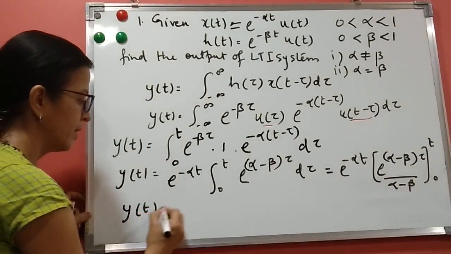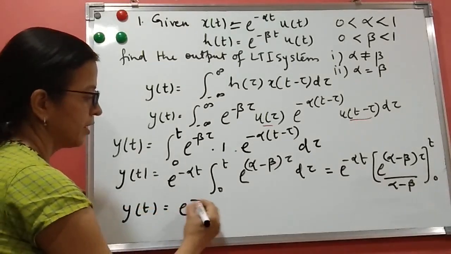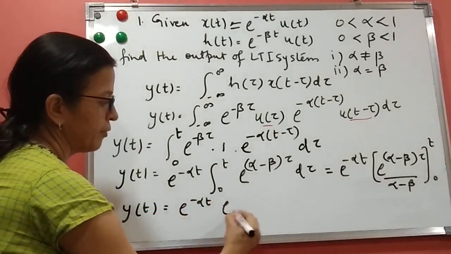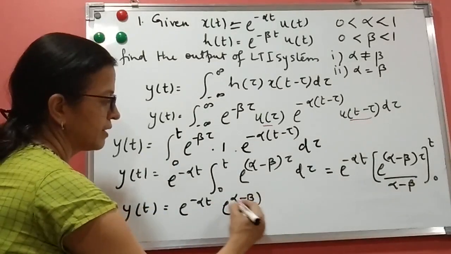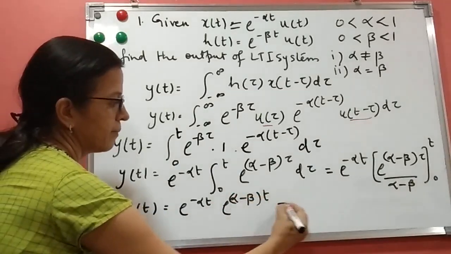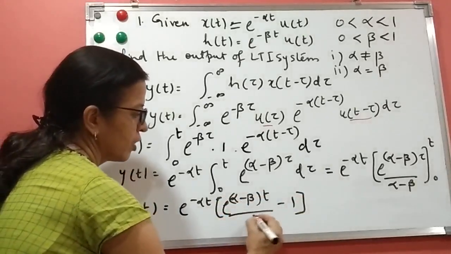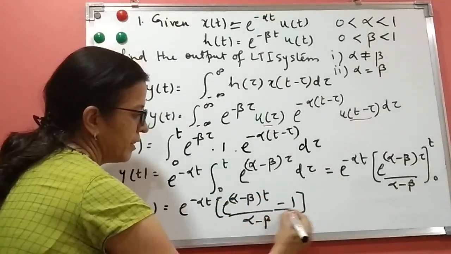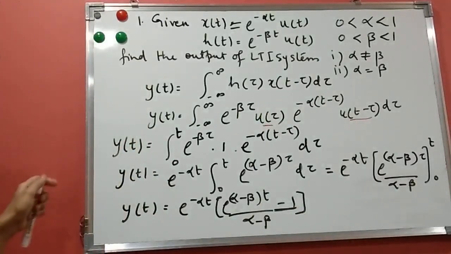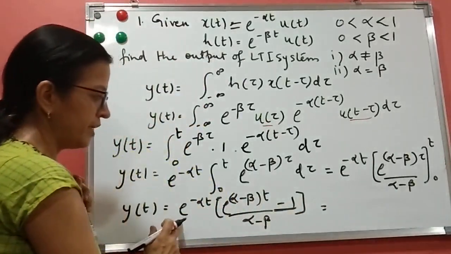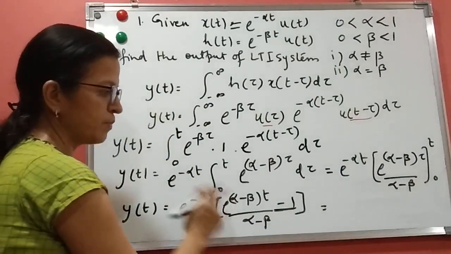y of t equals e raised to minus alpha t times, if I put the value, e raised to (alpha minus beta) t minus 1, I put the upper limit and the lower limit, upon alpha minus beta. Now if I take this inside, what are you getting here? It is e raised to minus alpha t, here it is e raised to plus alpha t.